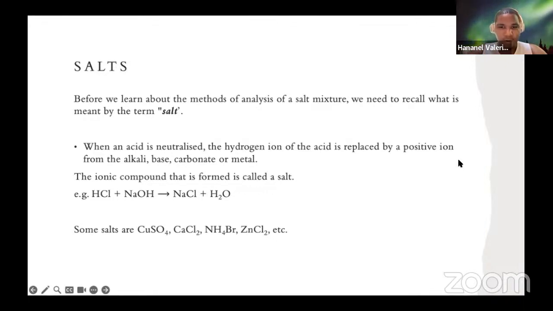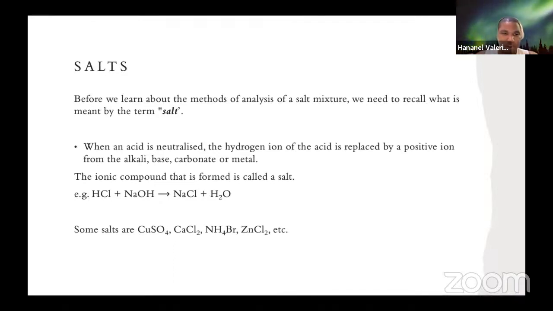Whatever positive ion was in that compound or element replaces the hydrogen of the acid, and voila, we form a salt. A common example is the reaction to form sodium chloride: hydrochloric acid, HCl, and sodium hydroxide, an acid and a base, form the salt sodium chloride and water. It is one of the most common acid-base reactions.